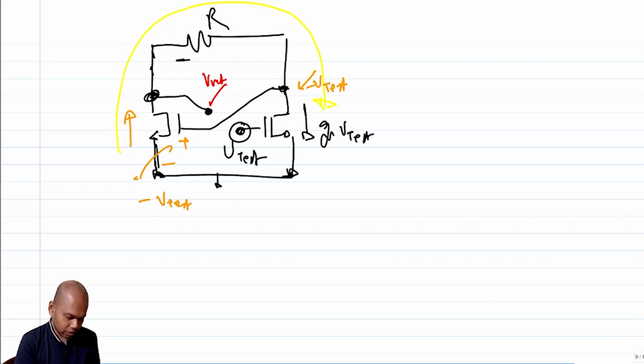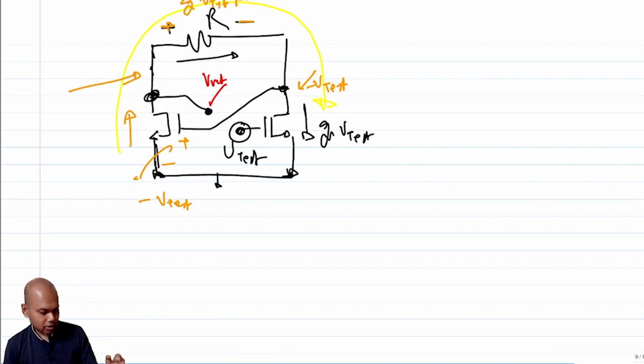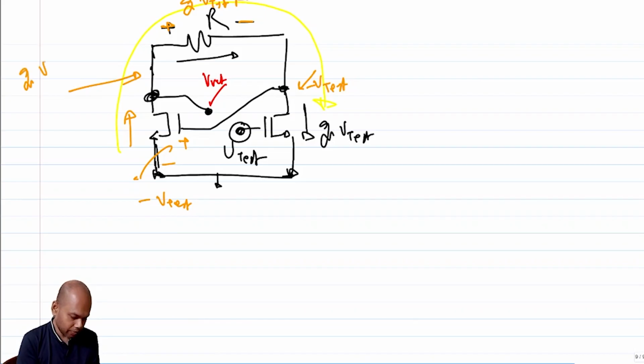Okay. So the current through this is again Gm times V test, which means the voltage drop across R is how much? The voltage drop is Gm times V test times R, which means this voltage is minus V test plus that drop, that is Gm times V test times R minus V test, correct?